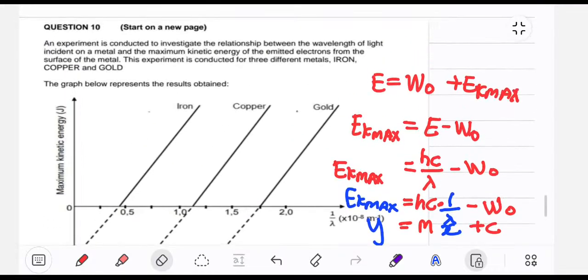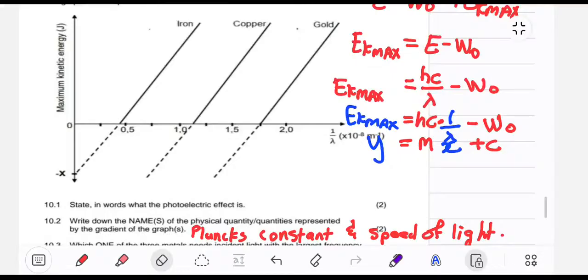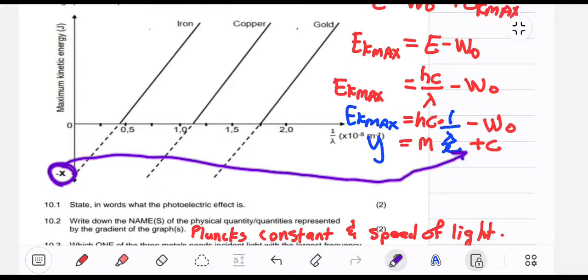I don't know by inspection which one would be the one. But looking at the graph, I can read the y-intercept. What is the y-intercept? It is C. What is C? C is the work function, which is negative.